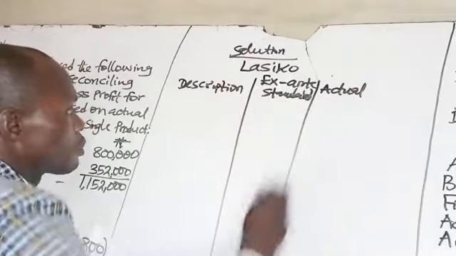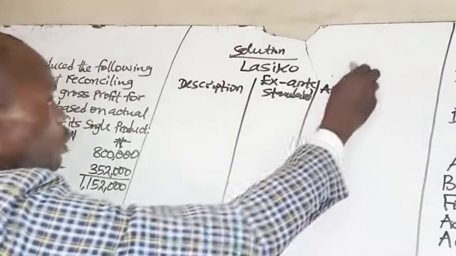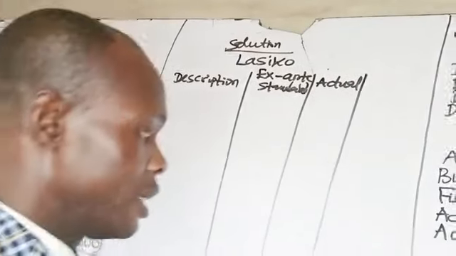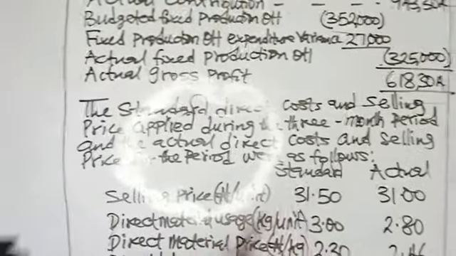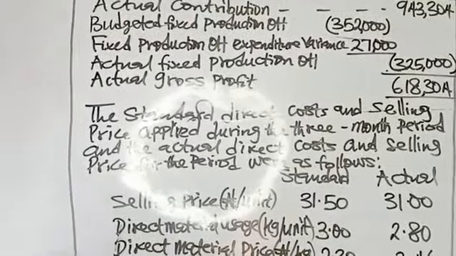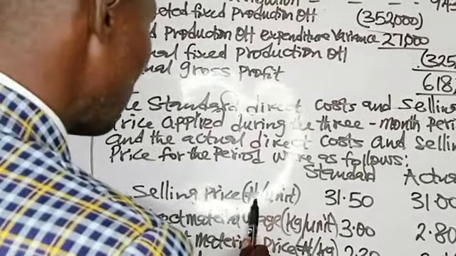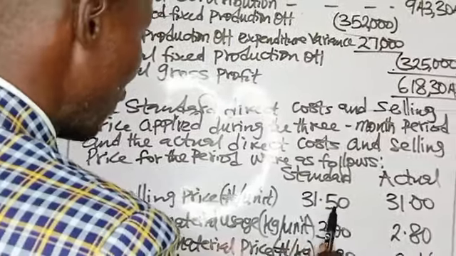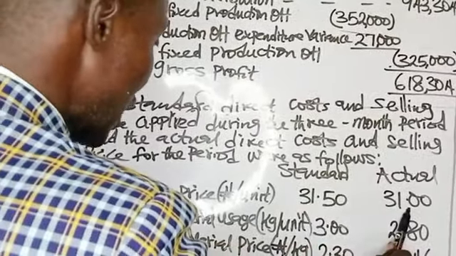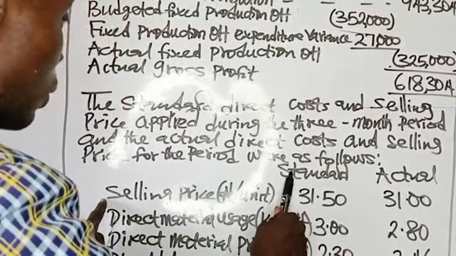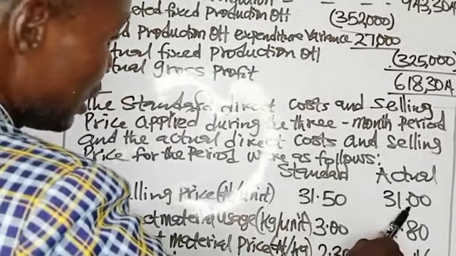If you go by the question, you have the initial standard. I've told you the initial standard is called S and T. So the selling price, Naira per unit, is 31 Naira 50 kobo for the initial standard, S and T, and the actual is 31 Naira.